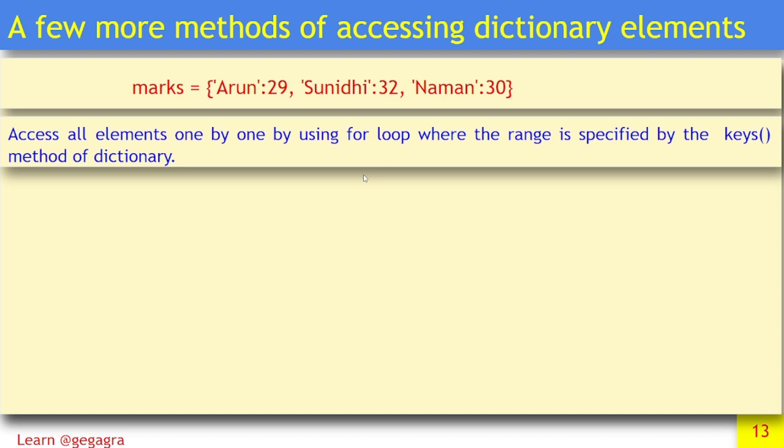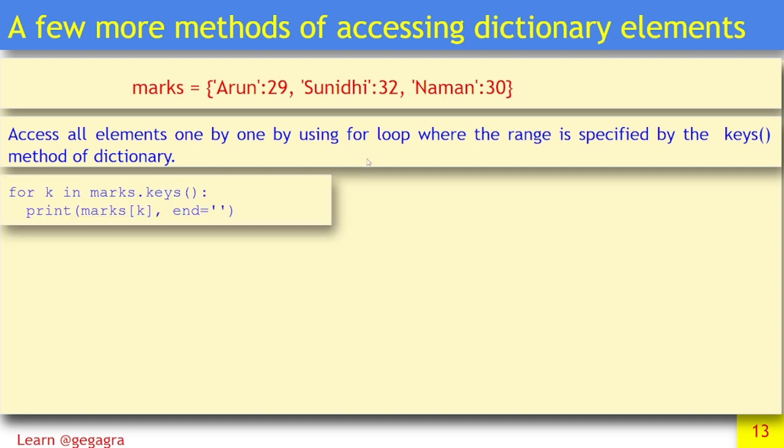So how does this work? Let's see. I have applied for k in marks dot keys. This keys method will be applied to get the keys of the dictionary. And when I say print marks k, k is referring to the key, so it takes the keys one by one.